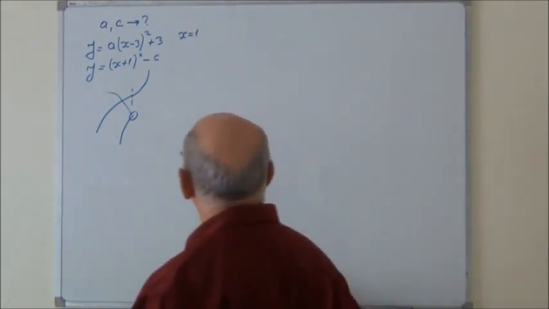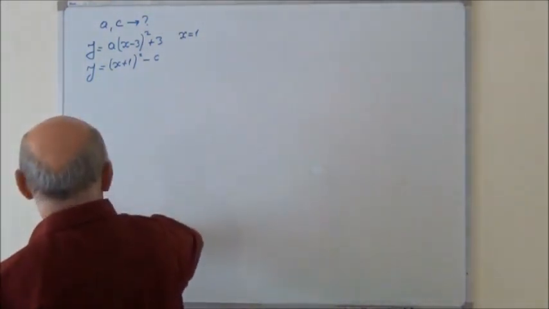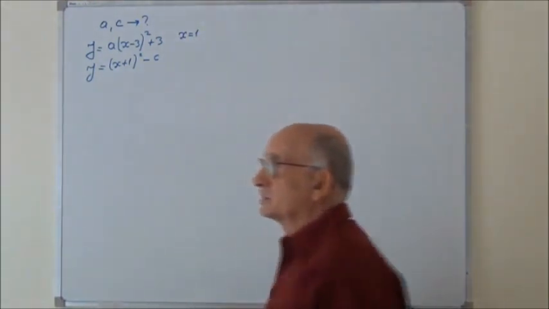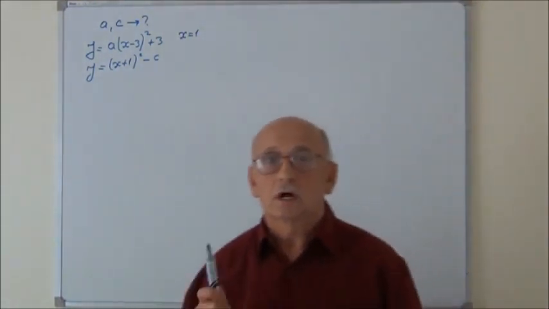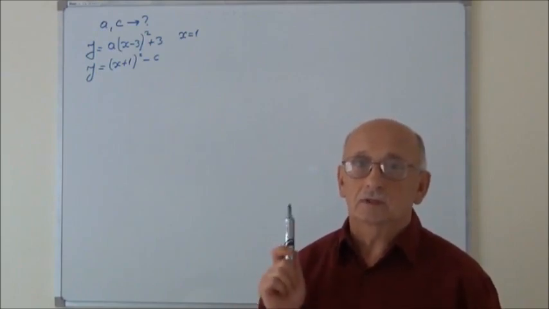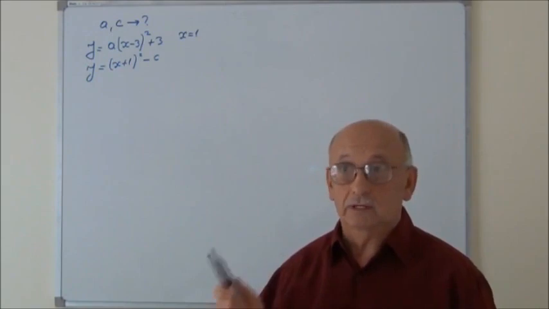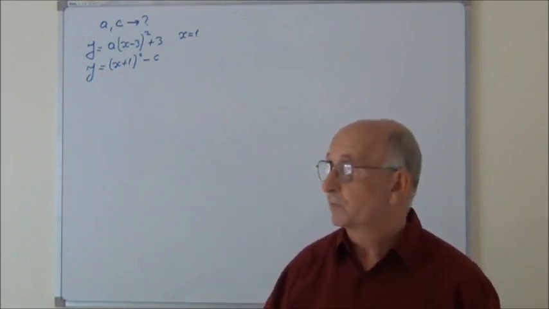But from a mathematical point of view, for practical questions, smoothly means that both curves should have the same derivative at the point where they are joined smoothly.